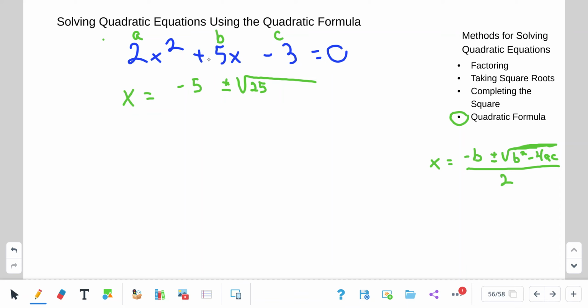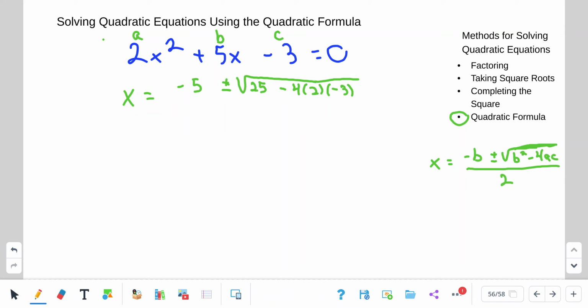If they type in negative 5 squared, they might get negative 25, depending on how the calculator is set up. So I recommend you just square that number and write it there. Minus 4 times a, in this case, is 2, and c is negative 3. If you need to extend your square root sign, no problem, you make it bigger.